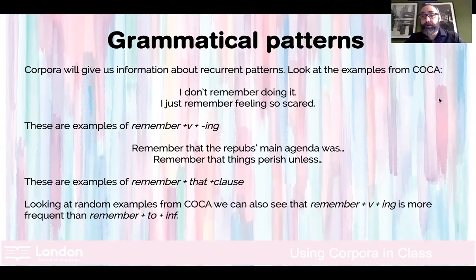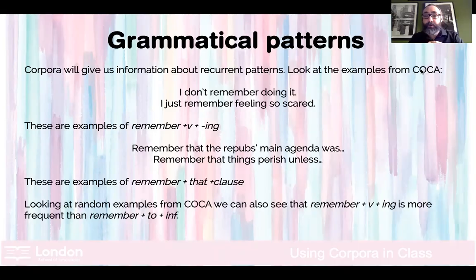It's interesting because very often we teach the two main patterns of remember to and remember ing, and we teach them at the same level, let's say. So we tell students generally, okay, remember ing, things you remember doing, etc. Remember to, something you have to do. But it's very interesting.